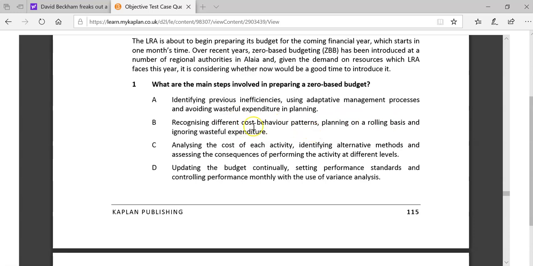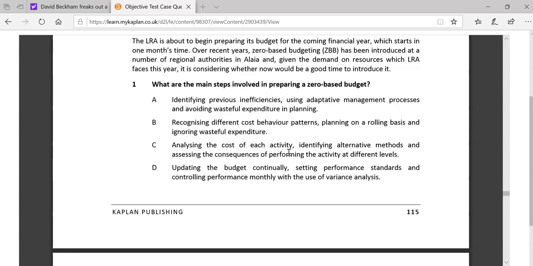A rolling basis is still very similar. A rolling basis budget is fundamentally saying, we'll do some variance analysis regularly, and then prepare another 12-month budget. So your best answer really is analyzing the cost of each activity. It's almost saying, why are you doing this thing? What are the consequences of doing this thing?